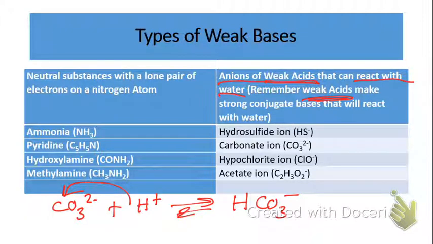It's interesting that these weak acids have strong conjugate bases, and the strong conjugate bases have lone pairs themselves to pick up H+ to allow this to work out. So there are some different types of weak bases to look at.